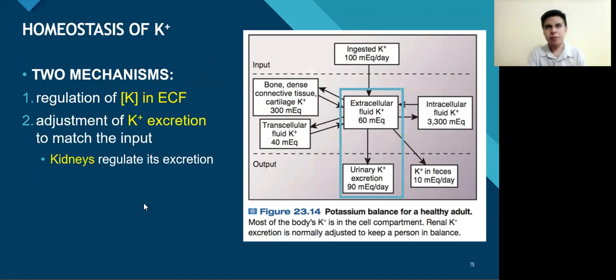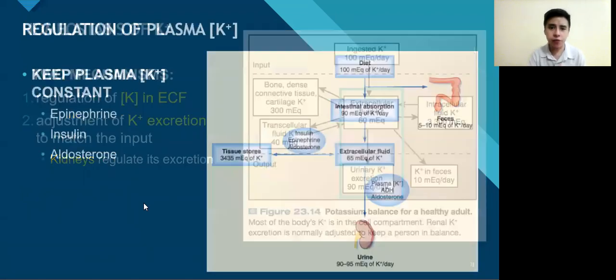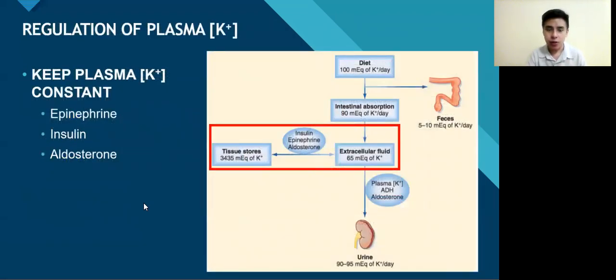If there's a lot of potassium in the ECF, we can excrete it all because we don't need it. So basically, two areas: either it goes inside the cell or it goes out via the kidney. This picture from the Berne and Levy text shows us that. First, let's talk about the three hormones that make sure the potassium is, as much as possible, within 3.5 to 5.0.